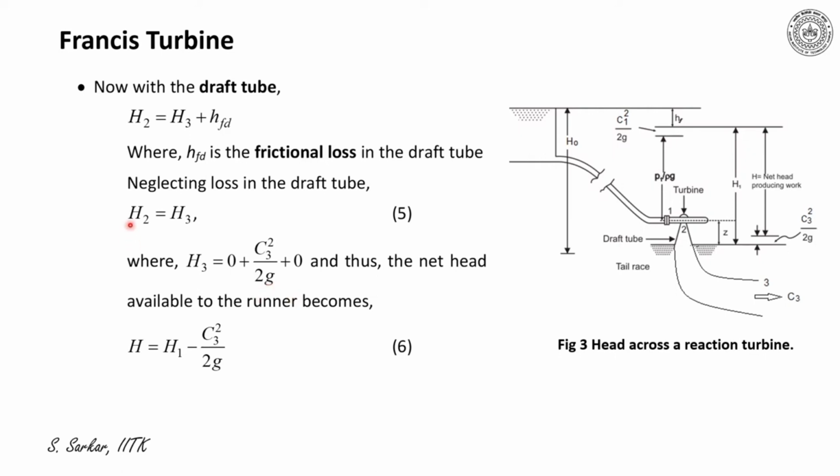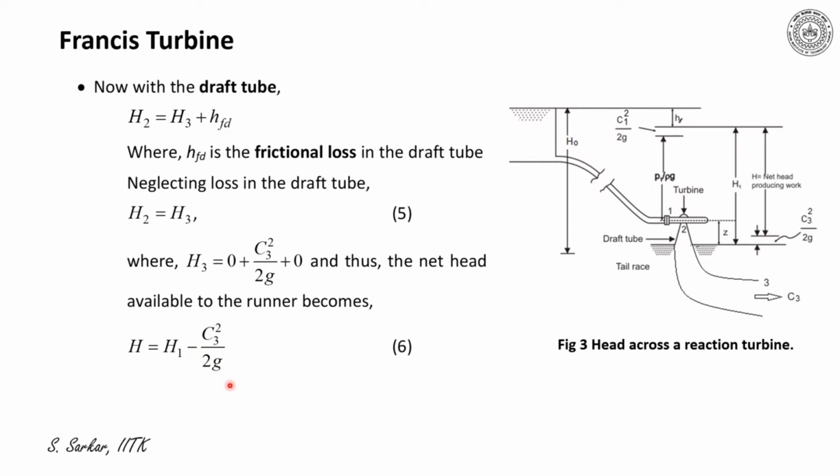Thus, H2 is equal to C3 squared divided by 2g. Hence, the net head available to the runner becomes H is equal to H1 minus H2, that is H1 minus C3 squared divided by 2g, which is given by equation 6.